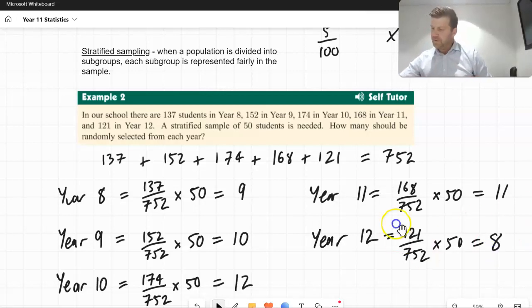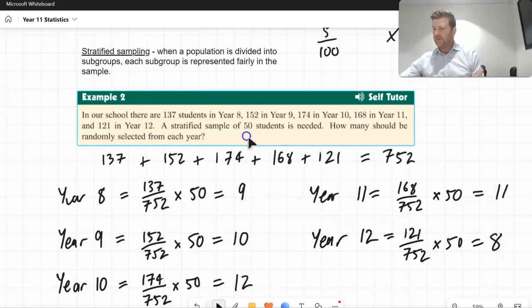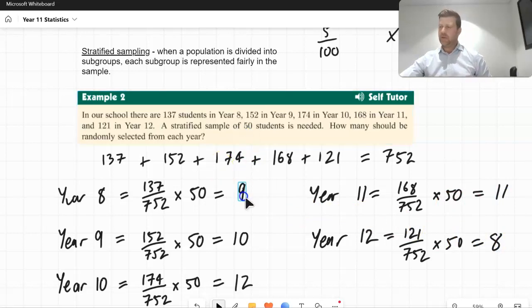Now, if I add up all these numbers, 9 plus 10 plus 12 plus 11 plus 8, it should give me the total of 50, which it does. So how many students from each year level? Well, there'd be 9 Year 8s, 10 Year 9s, 12 Year 10s, 11 Year 11s, and 8 Year 12s.